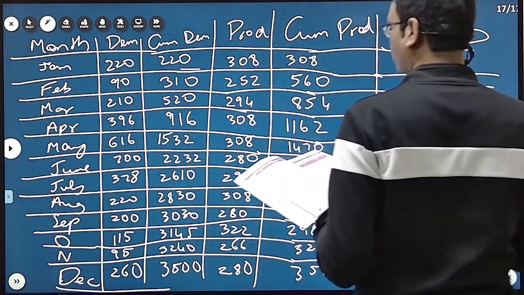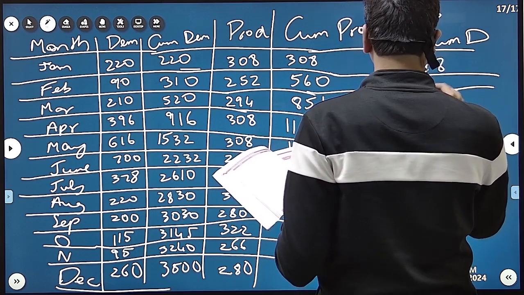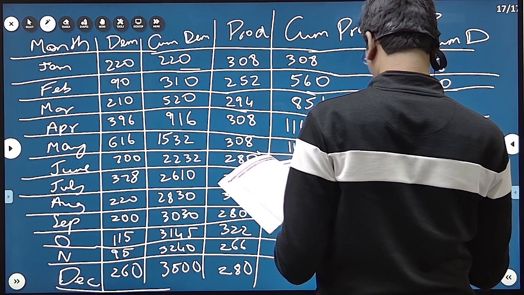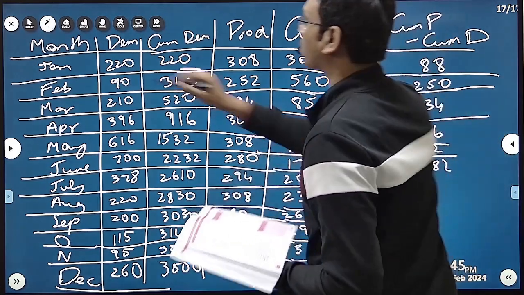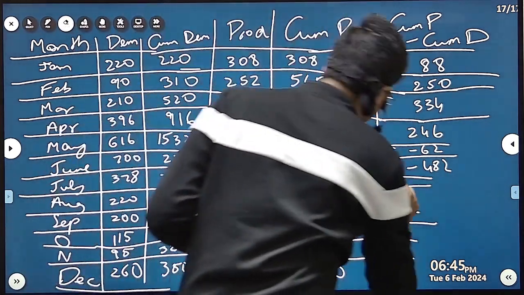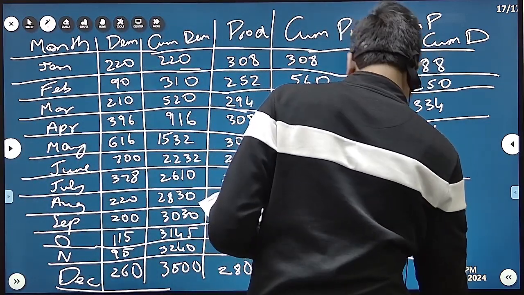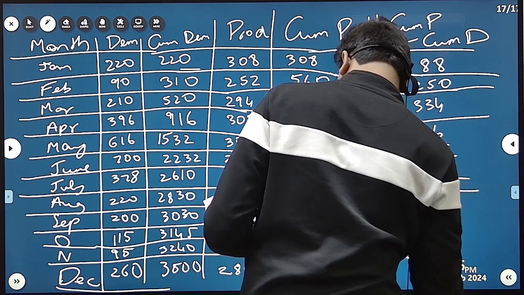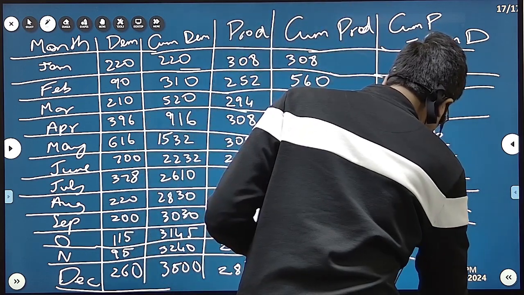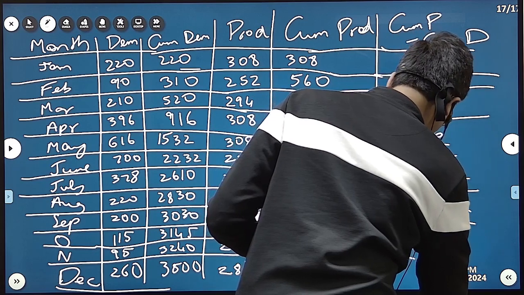So 88, 250, 334, 246, minus 62, minus 482, minus 566, minus 478, minus 398, minus 191, minus 20, and 0.